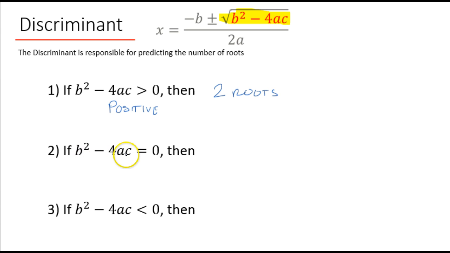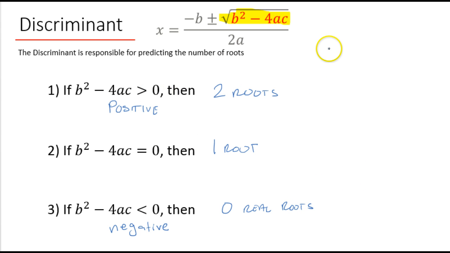If my discriminant is equal to 0, then we get 1 root. And the last one is if my discriminant is less than 0, well, all my numbers less than 0 are my negative numbers. So if it's negative, then we get 0 real roots. So let's see why that's the case.